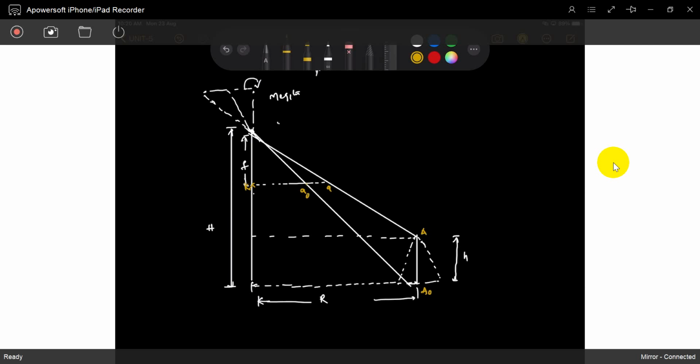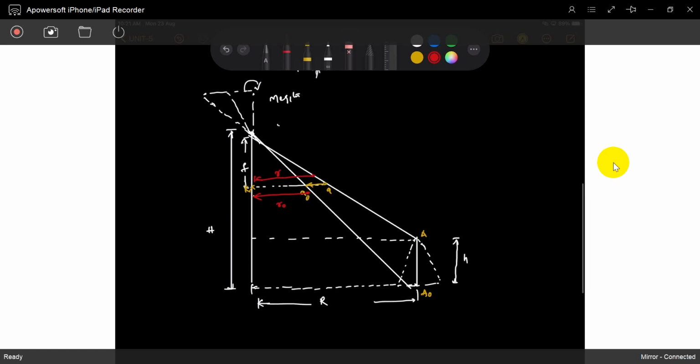So relief displacement is this. Now I will write this distance as r naught, this distance is r. So what is relief displacement? Just observe it, relief displacement is r minus r naught. That's it, na? R minus r naught is the relief displacement.